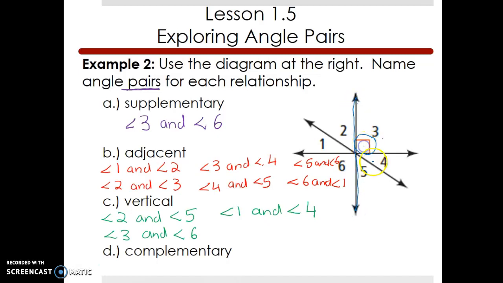So if that's 90 degrees, that has to also be 90 degrees. So angle 4 and angle 5 are complementary. Also, if we see here, this is also 180, right? Because it's a straight line. So if this angle is 90, that angle is also 90 degrees. So angle 1 and angle 2 are also complementary.